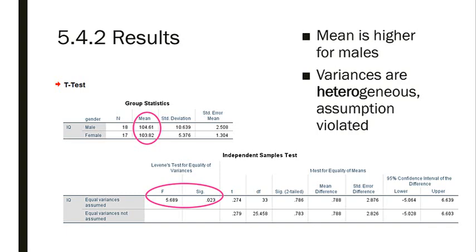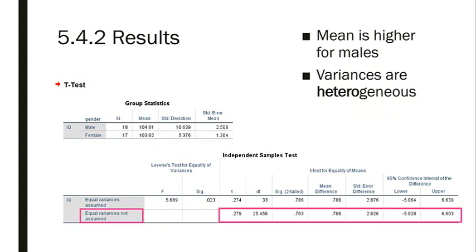Now, that doesn't mean we're done. That doesn't mean we can't report the results. What it does mean is that we're going to use the second line, the second row in the independent samples t-test table as opposed to the first one.